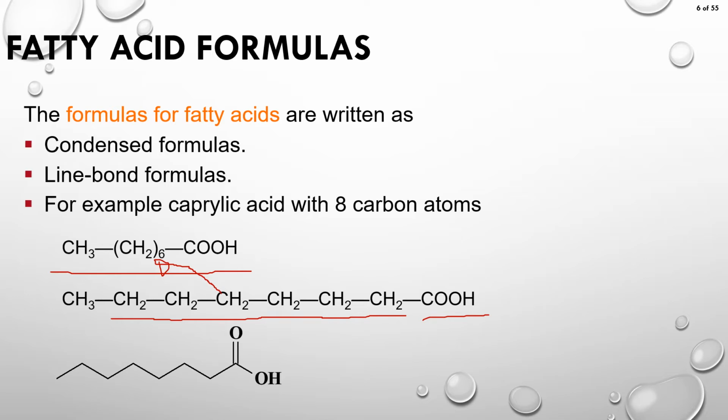Now another way of writing the formula of a fatty acid is the bond line structure, or the line bond formula, or the skeletal structure or skeletal formula. This line bond formula is a representation of molecular structure in which covalent bonds are represented with one line for each level of bond order.